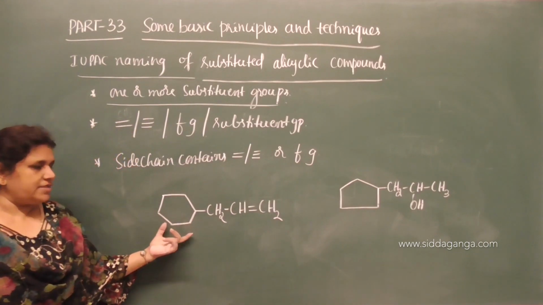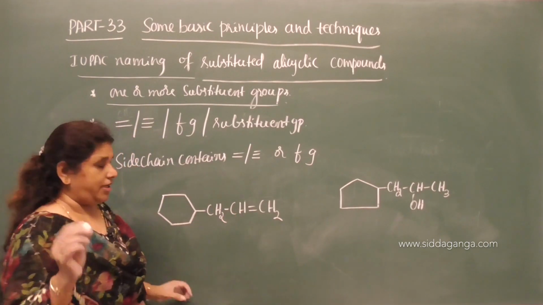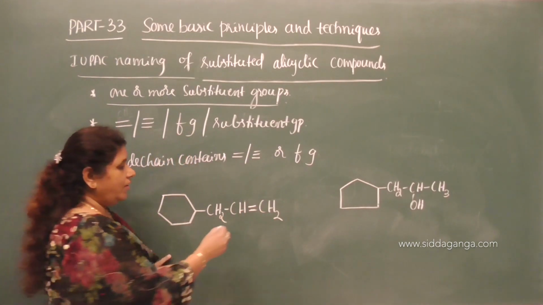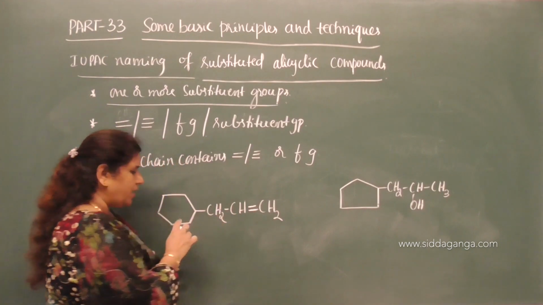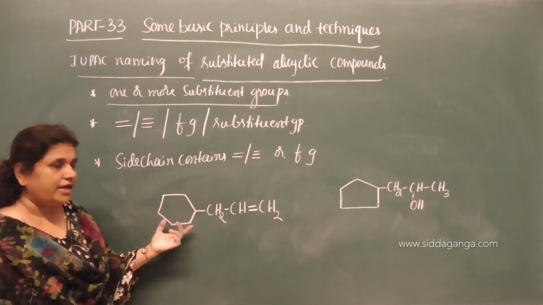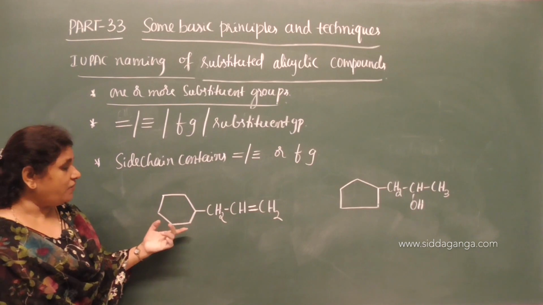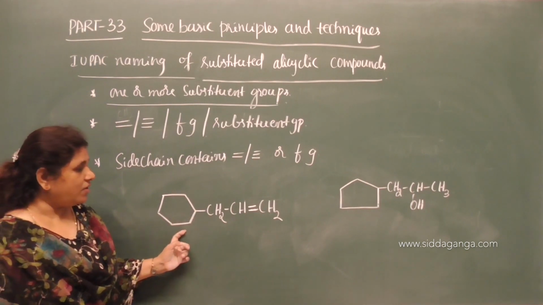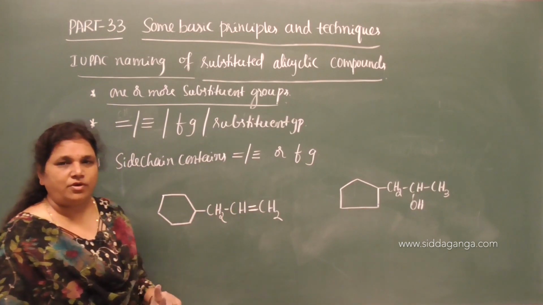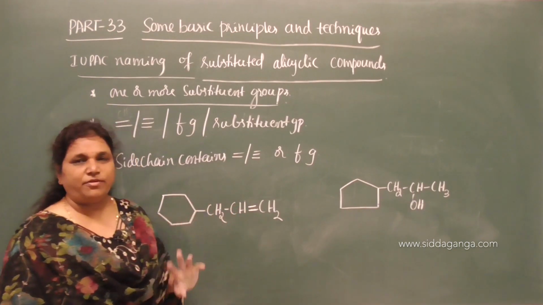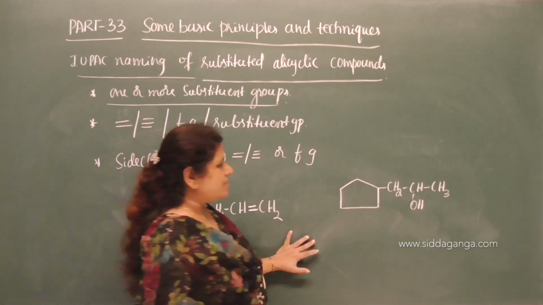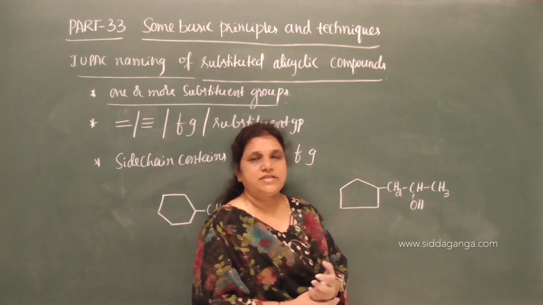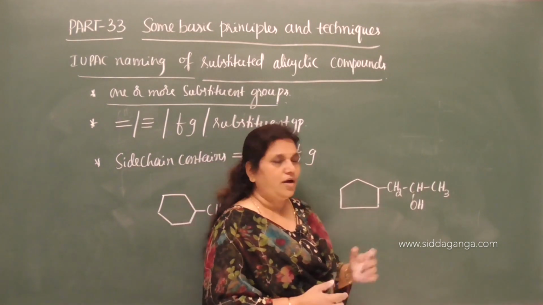See, the cyclohexane ring is attached to this side chain, but this side chain contains a double bond. Now we need to treat the alicyclic ring as a substituent. Why do we need to treat it as a substituent group? Because the side chain contains a multiple bond, and we need to give the preference for the multiple bond. Again, in this compound, the side chain contains a functional group, the OH, that is the alcohol functional group.